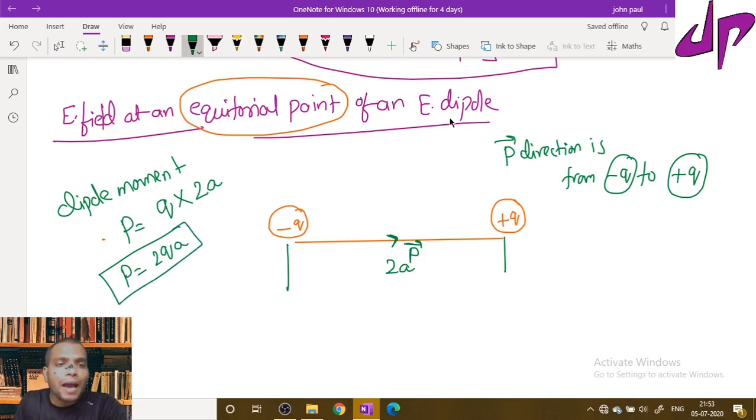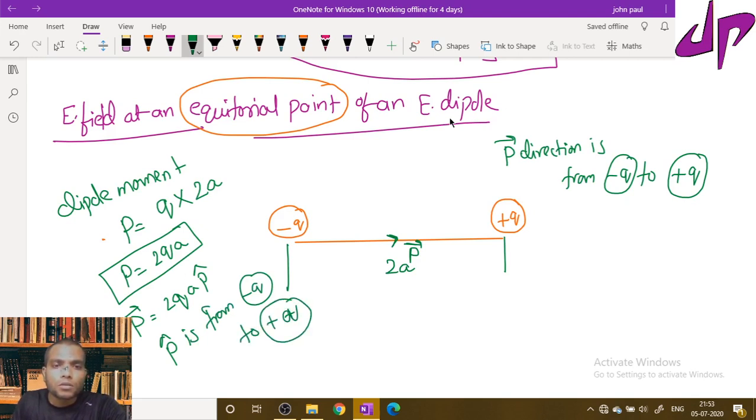And the dipole moment has direction: P bar equals 2qa times P cap. Here P cap is a unit vector for the dipole, and its direction is from the negative charge to the positive charge. So this is the concept of electric dipole and dipole moment direction.